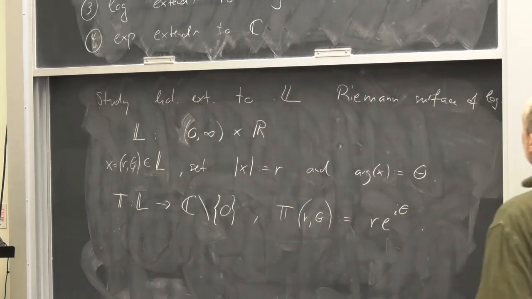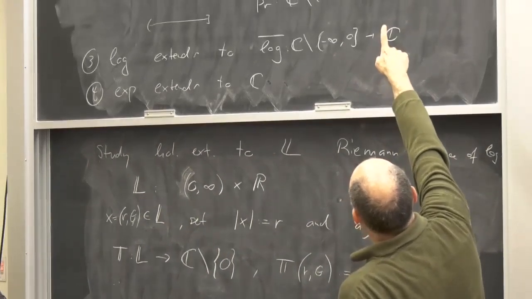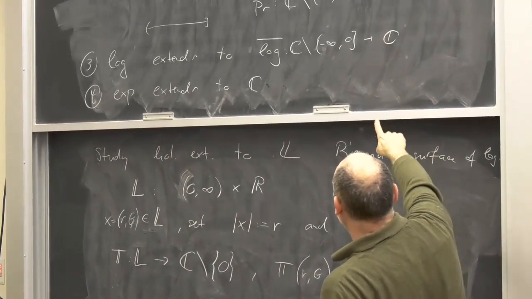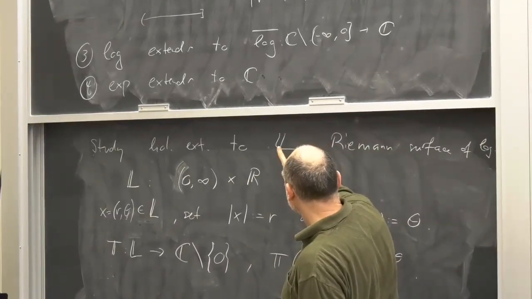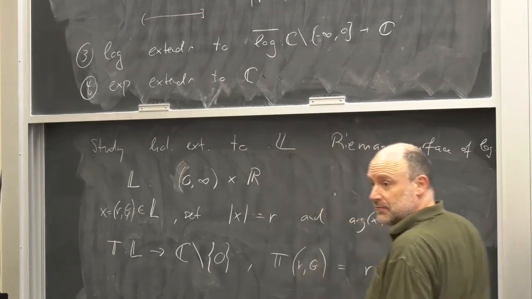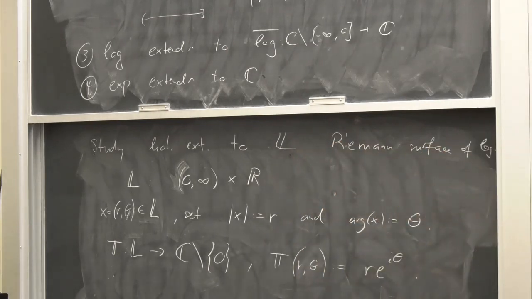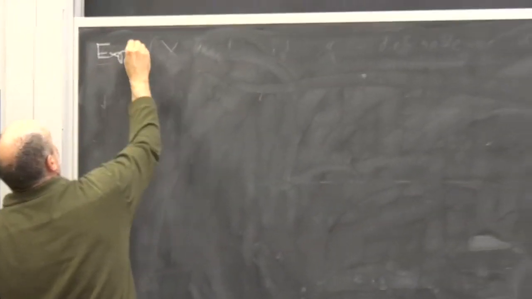So what I now mean, instead of looking at these holomorphic continuations on the complex plane, what I want to look at is holomorphic continuations on L with values in L. And you'll see why I like that better when we look back at these examples again.